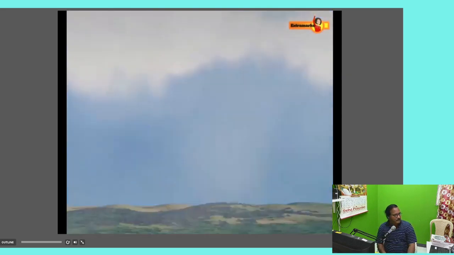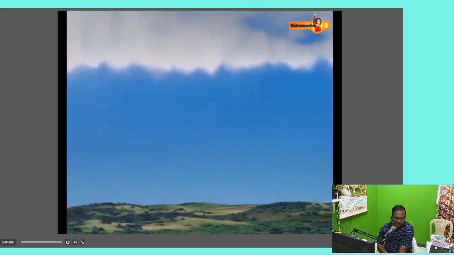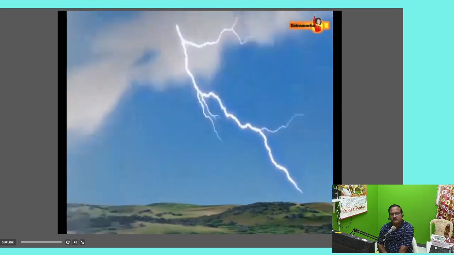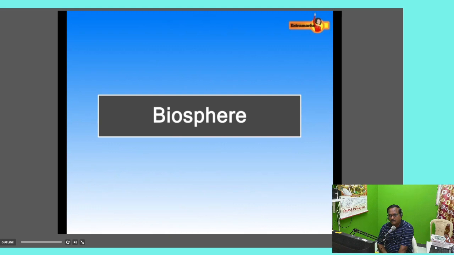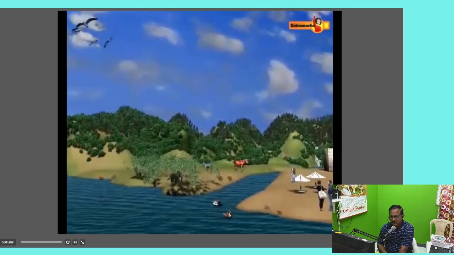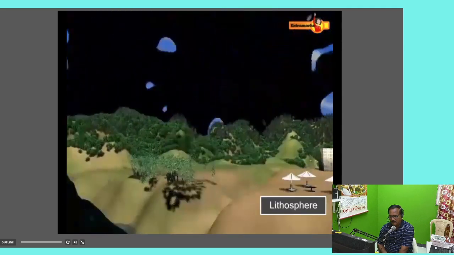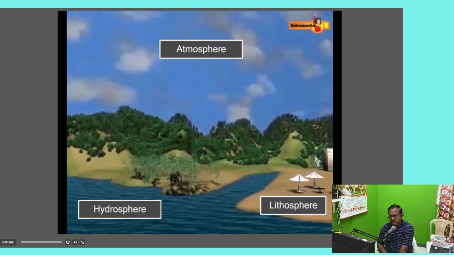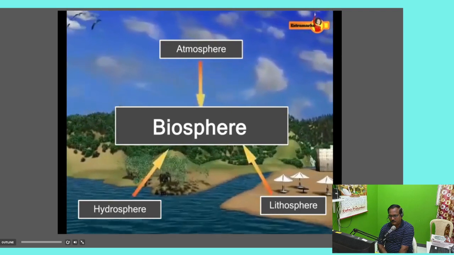Most of our atmosphere is located close to the surface of the Earth, where it is the densest. The gravitational pull of the Earth holds the atmosphere around it. Biosphere. Biosphere is the living world. It is a narrow zone of the Earth where land, water, and air interact with each other to support life.